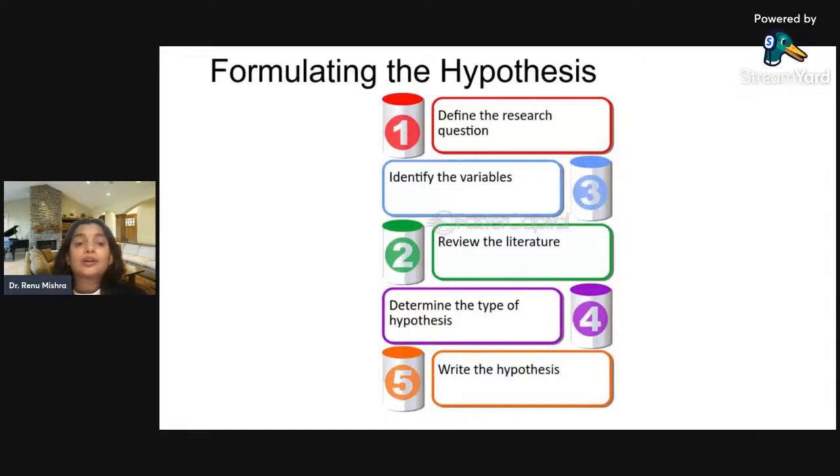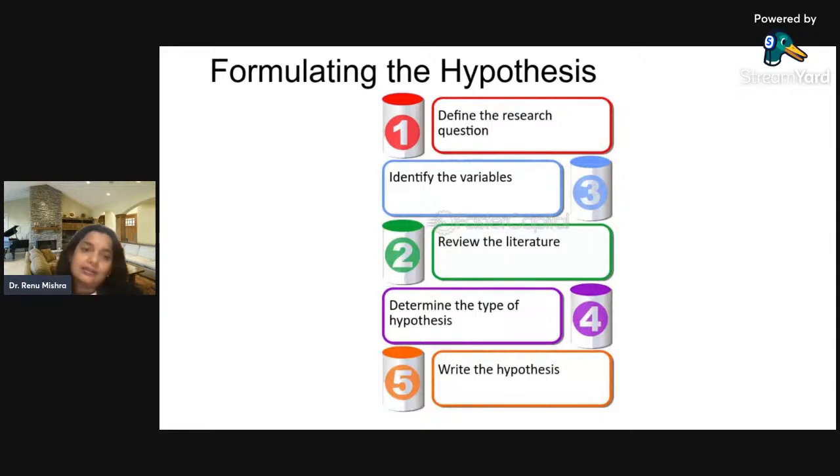In deductive research, you have to finalize the hypothesis before you collect and analyze the data. You need clear research questions, and then you identify your variables. How do you do it? By review of literature. So first you have research questions, then you do the review of literature, which gives you the variables.